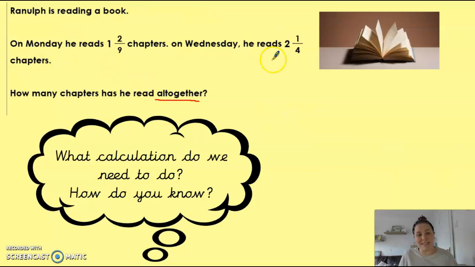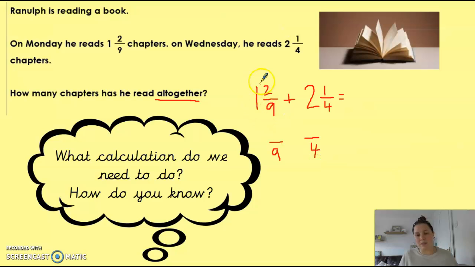So I've got Monday's chapters, 1 2/9, and Wednesday's chapters, 2 1/4, and I'm going to add them together. Now I need to follow the exact same method that I've done before. So make it an improper fraction first of all, and then find the common denominators to add.